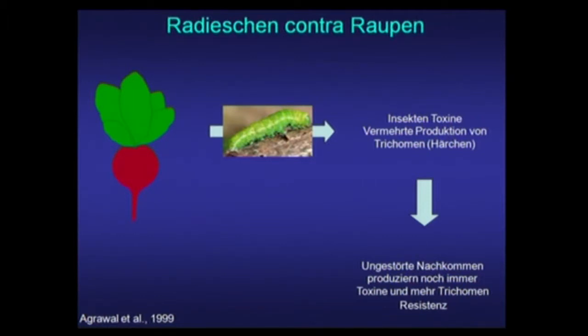A classic example was published in 1999 by Agrawal and others. They examined radishes that were infested with pests, a caterpillar. The radish produces certain toxins to defend itself against the caterpillars, and it grows more hair on the leaves and the stem so that the plant can defend itself more effectively against the caterpillar.